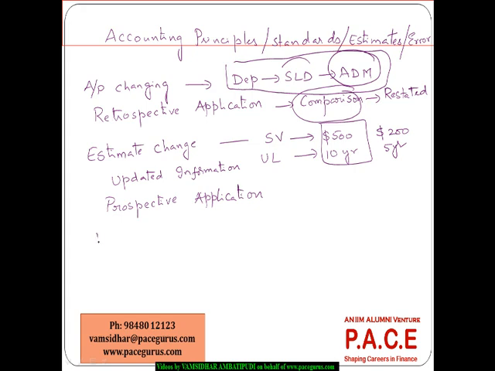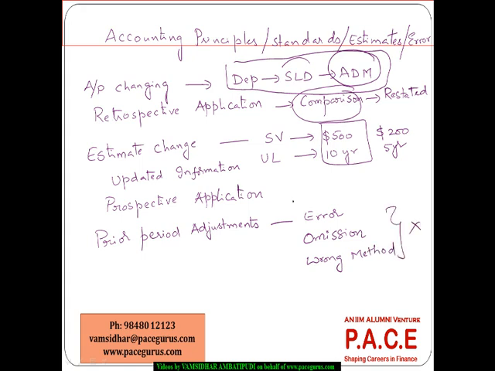And in some cases, we also talk about a prior period adjustment, especially in the previous year's financial statements. If there is some kind of error, some kind of omission in last year's financial statement, or a wrong method being used for computation, any of these things happening in the previous financial year, I can make a correction to the previous financial year and represent it.